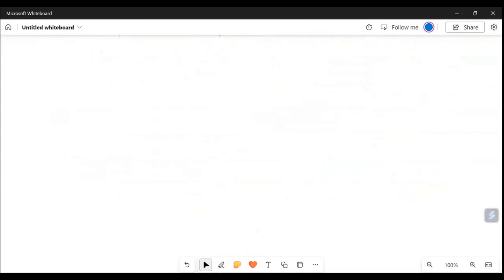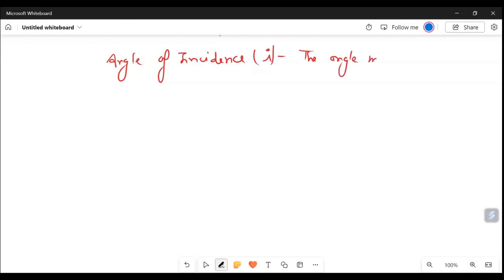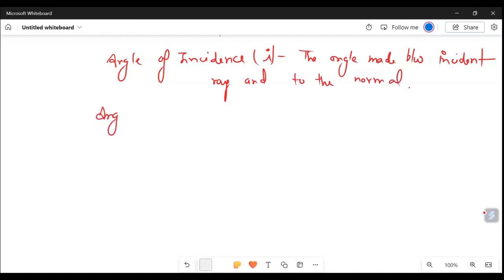Now I am going to write down what the angle of incidence is, so you will understand it better. The angle of incidence is represented by small i. It is the angle made between the incident ray and the normal to the surface. What is the angle of reflection?